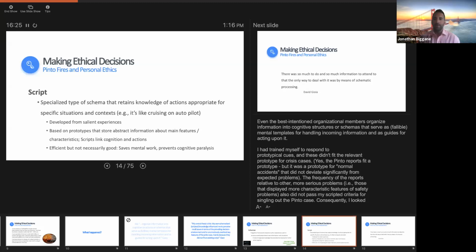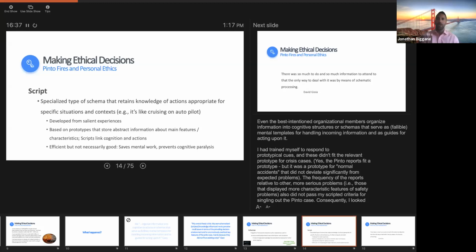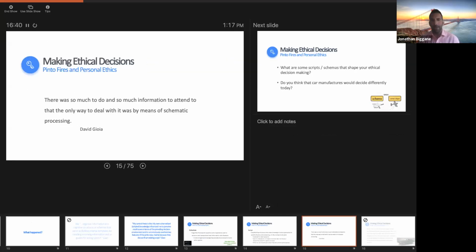So he just automatically, habitually went to no recall because it didn't fit what he saw as the criteria for a recallable vehicle. He said there's so much time, so much to do and so much information to attend to, that the only way to deal with it was by means of schematic processing, these mental shortcuts, these heuristics that we rely on.